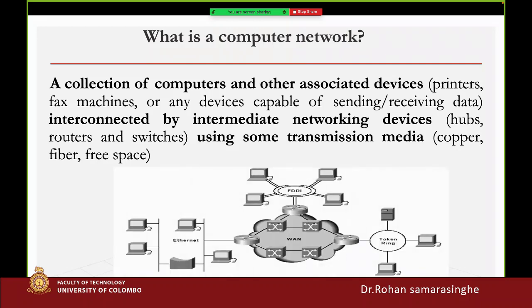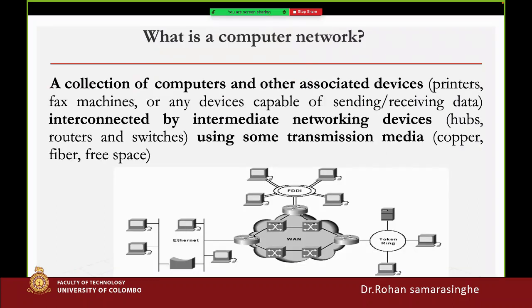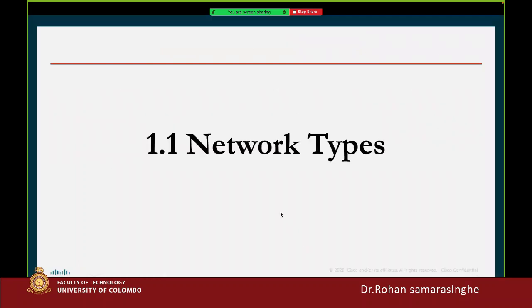Here, simply you can understand using this one that different types of networks are there, and all are connected through the communication media, using the transmission media, and also we can find some interconnected by intermediate networking devices: routers, switches, and routers.